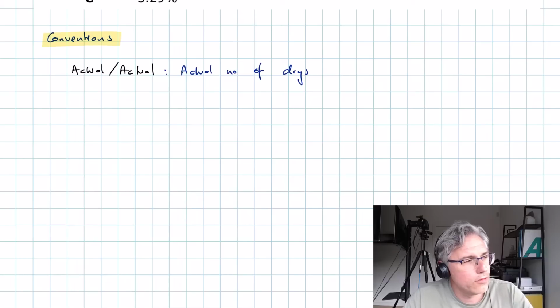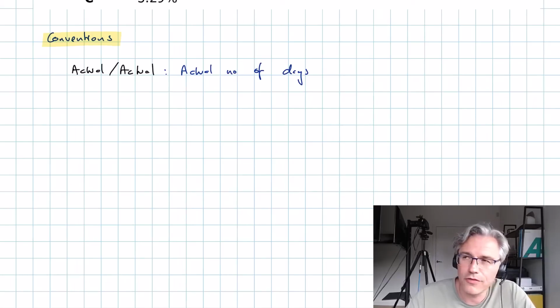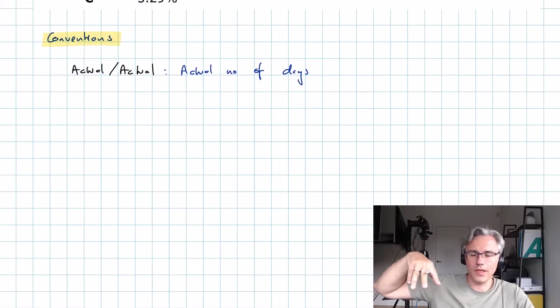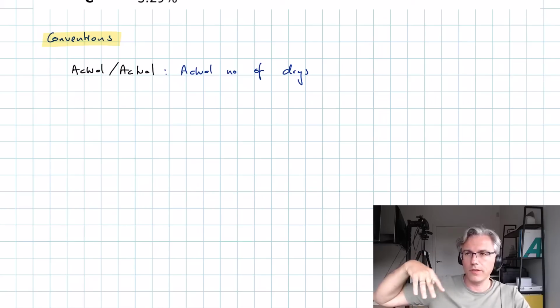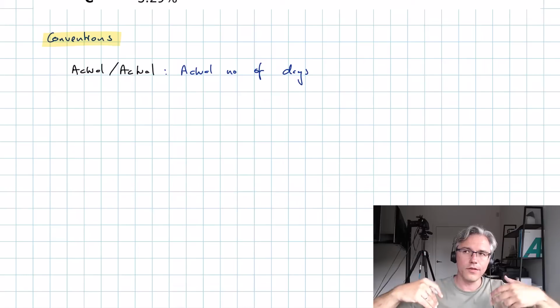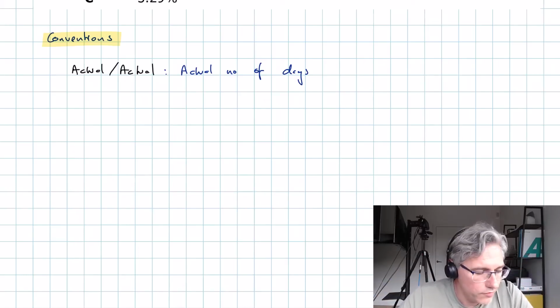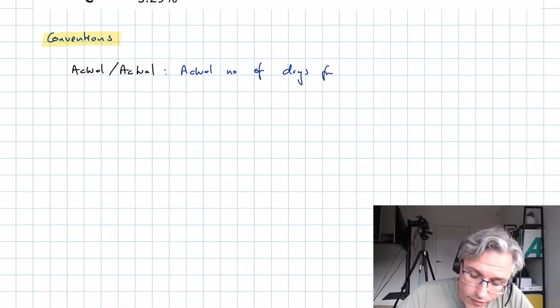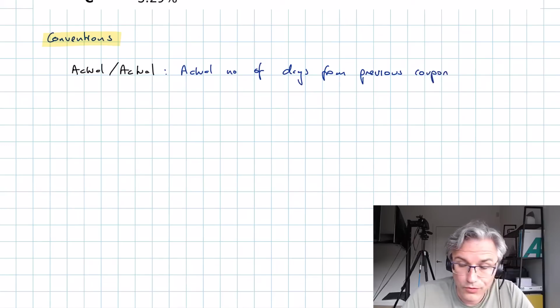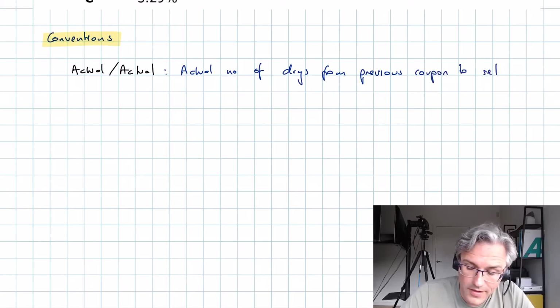Remember when we were doing full price computations or dirty price computations, you were taking the value of the bond as at the end of the previous coupon payment, and then extrapolating its value, and you had to count the number of days. Well, the actual number of days from the previous coupon to the current, today's settlement date.